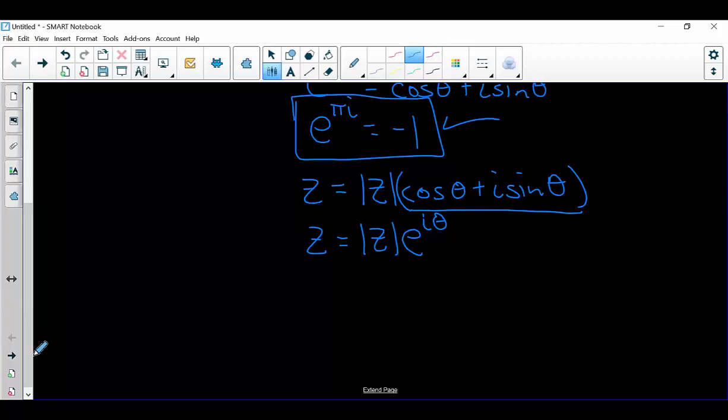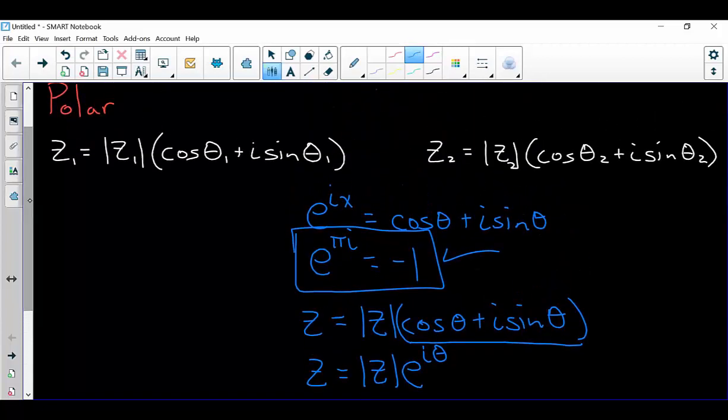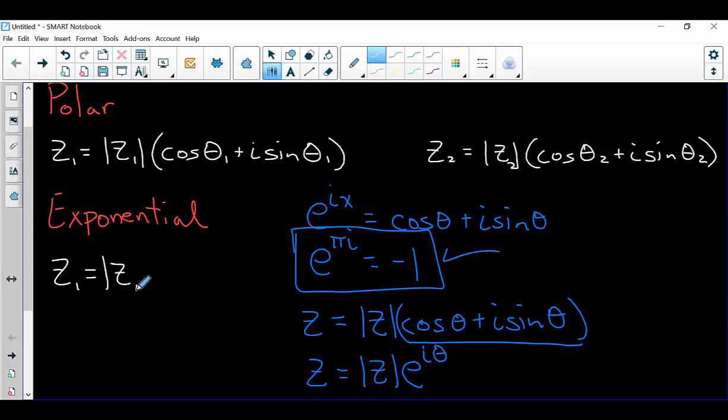So with this being the case, and this is what I developed last time, we have the exponential form. Let me write that here. Exponential would be like this: Z1 equals the magnitude of Z1 times e to the theta 1 i.